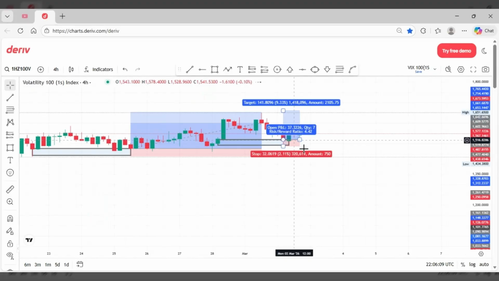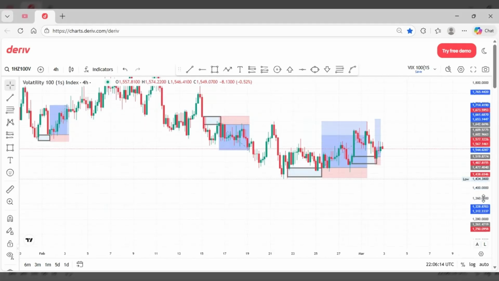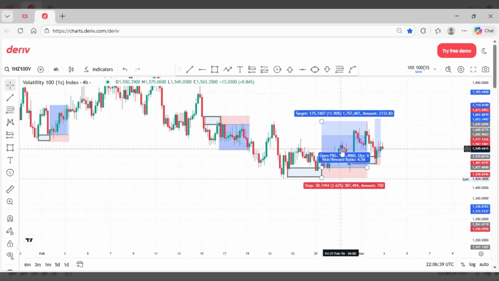Now, when I come to my H4, I know that this market just broke a structure and it needs to take out some liquidity to start selling down. I know that the market really needs to go up before going down again.